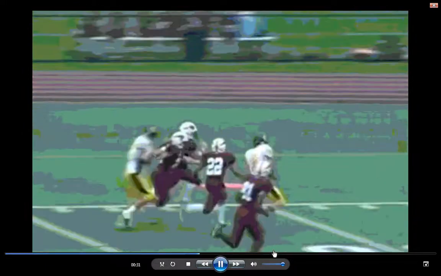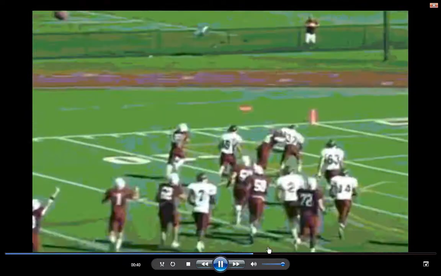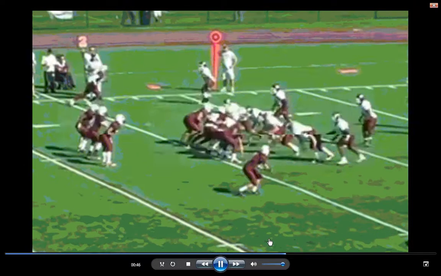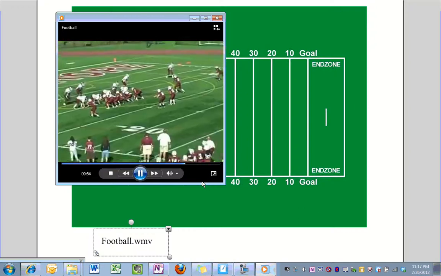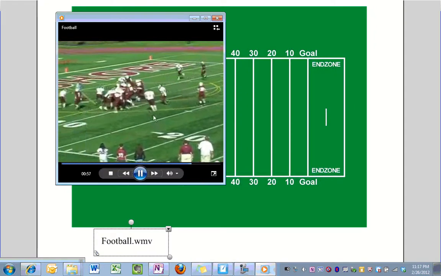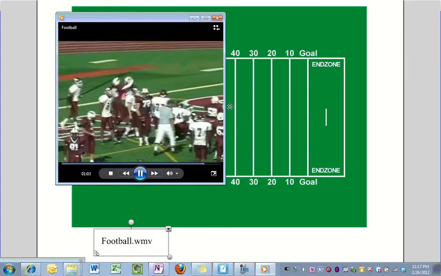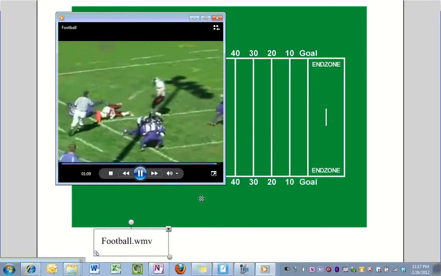They just passed the 40. There was the 30-yard line. See how small they look in relation to every 10 yards? This gives you a good idea of what it really looks like on a football field and how small the people are in comparison to these 10, 20, 30, 40 yards going across.